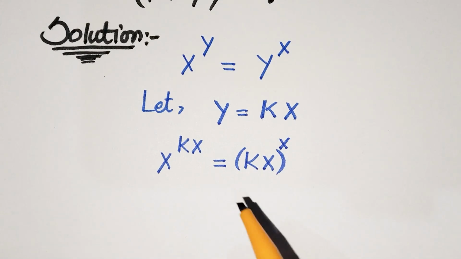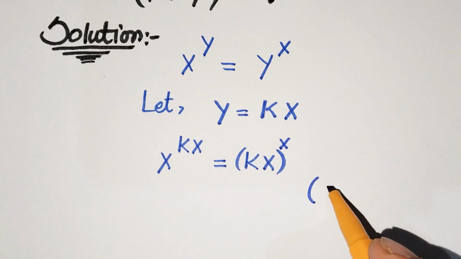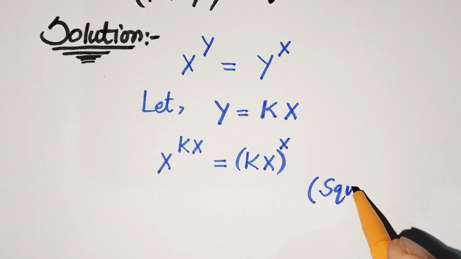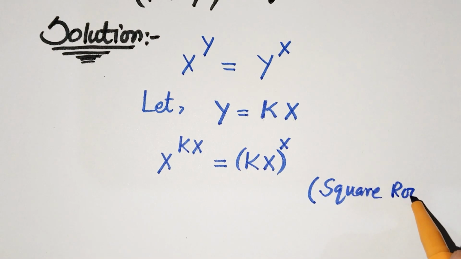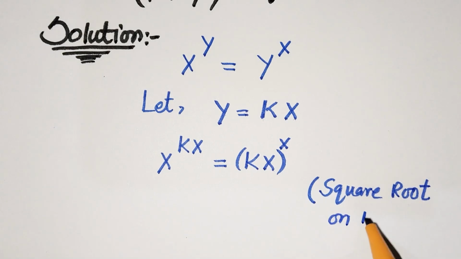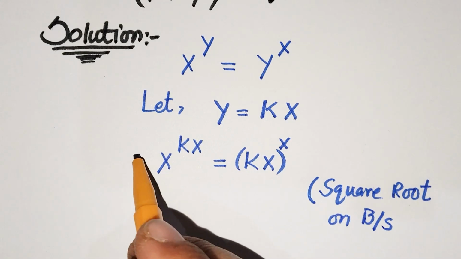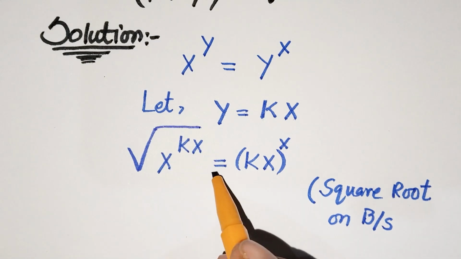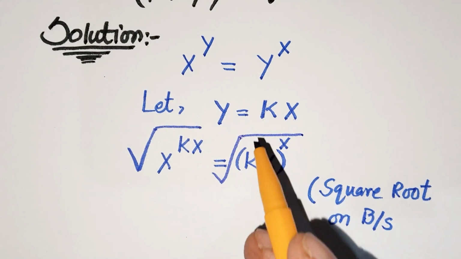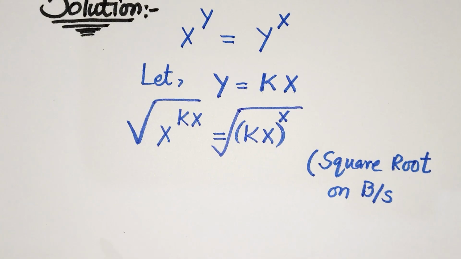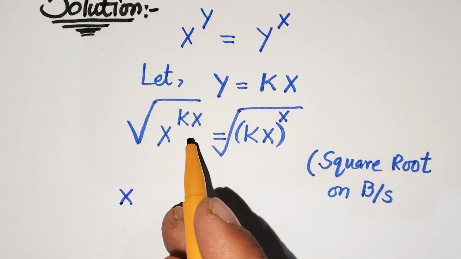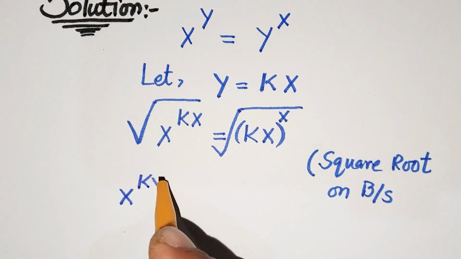Here, if we take square root on both hand sides, then we have x raised to the power kx under square root, and similarly k times x whole raised to the power x under square root.